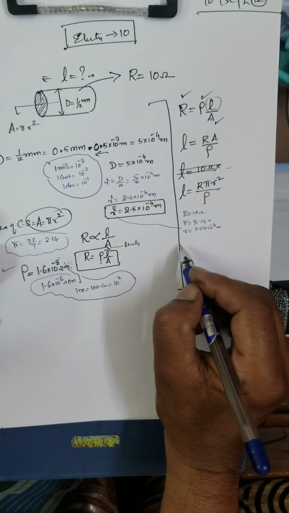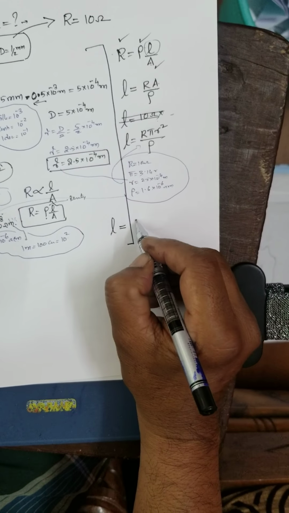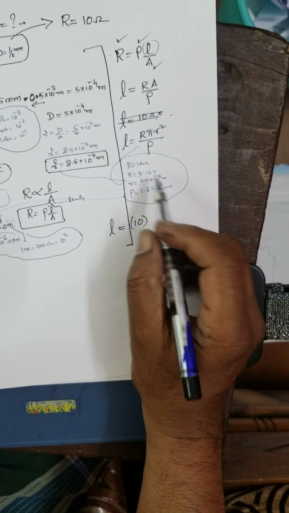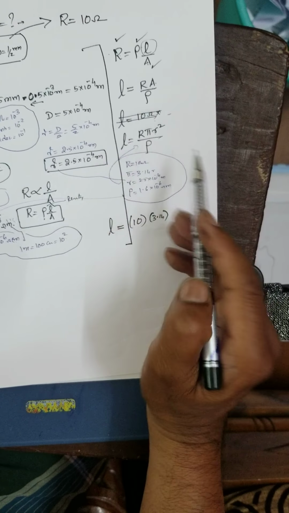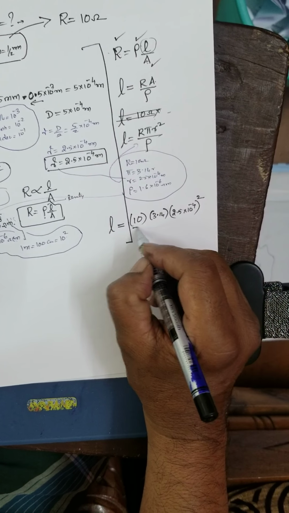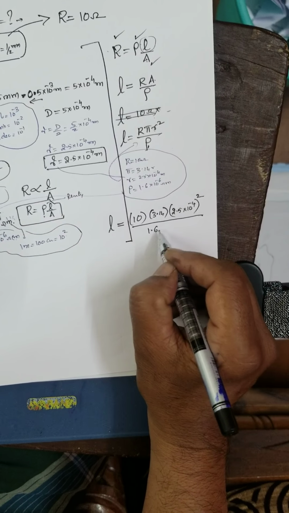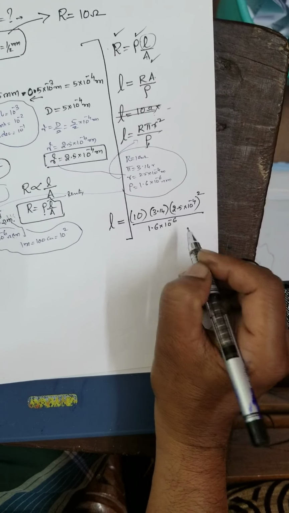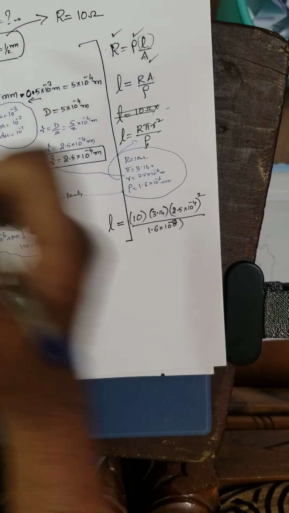Therefore, you can calculate length is equal to R, 10, don't put ohm here, pi is 3.14, R is 2.5 into 10 to the power of minus 4 whole square divided by rho. Rho is 1.6 into 10 to the power of minus 8.